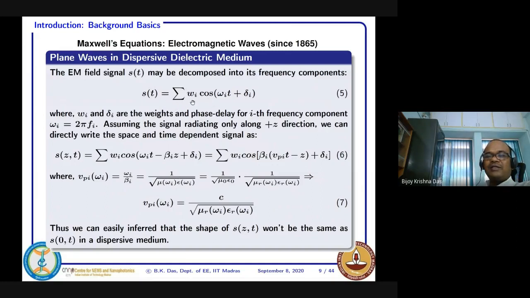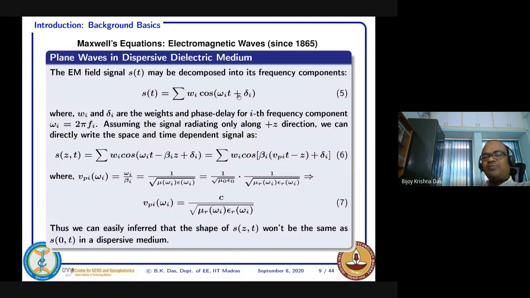s(t) equals a sum over i of different frequencies omega i we are considering. i can run from 1 to some 5, 3, 6 or 7 or maybe 10, even more. These are the frequencies, and it's a cosine function we have chosen here.